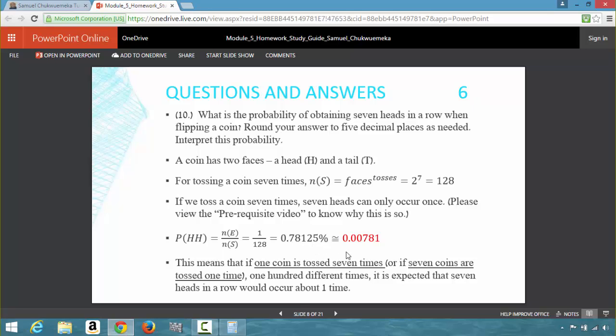So this is almost 1 if you round it up. So if you toss this 100 different times, it is expected that 7 heads would occur about 1 time, because this is almost 1 if you round it up. Does that make sense?